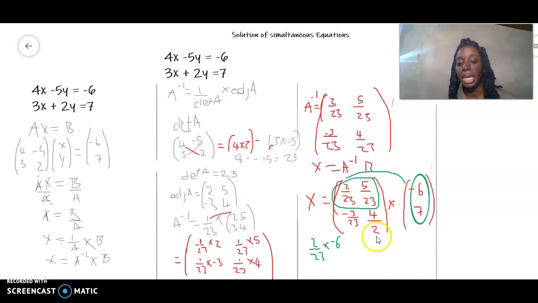Now I'll be multiplying the second element by 7, so plus 5 over 23 times 7. Now I will use the elements of the second row, and I will also multiply by the elements -6 and 7. So it's -3 over 23 times -6 and 4 over 23 times 7.